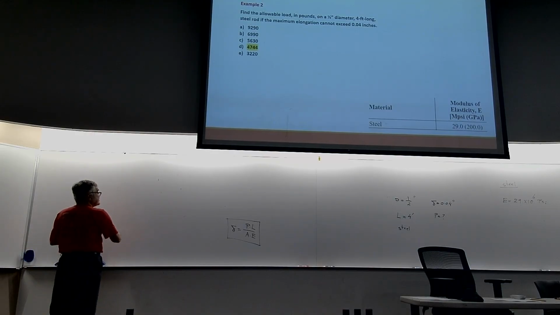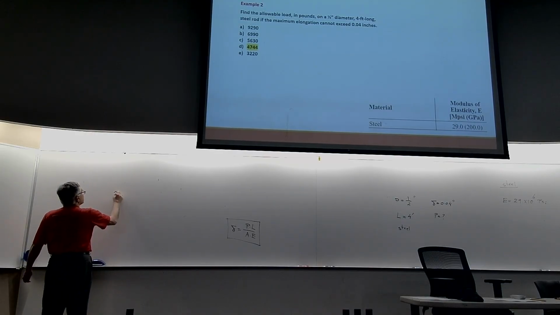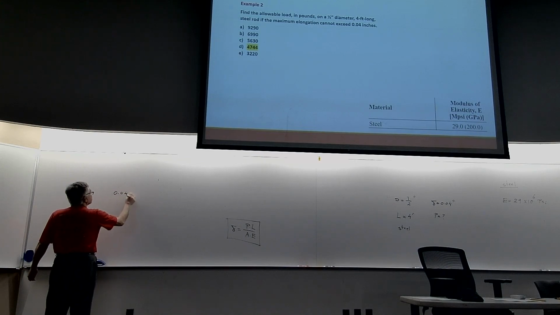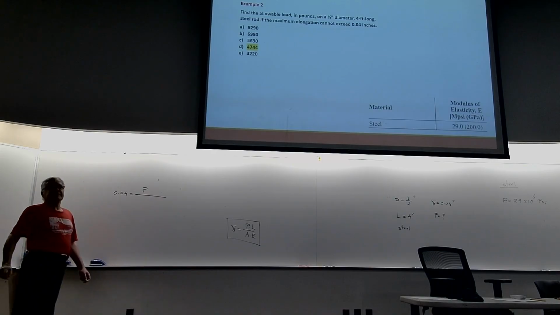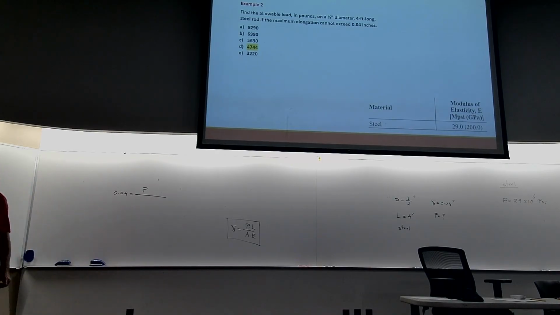So that means 0.04 equals P times L. And we always use inches in this course, not feet. So if dimensions are given in feet, we need to multiply by 12.